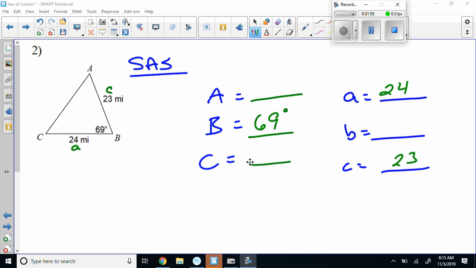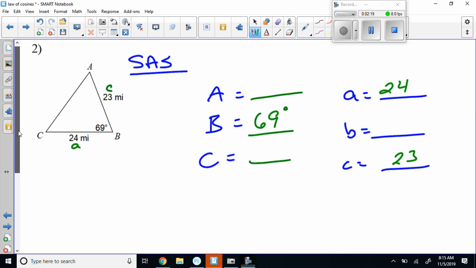Looking at this, doing the table is a really good strategy to make sure that you've got all your information together, right? From here, what was the first thing you did? Solve for side b.